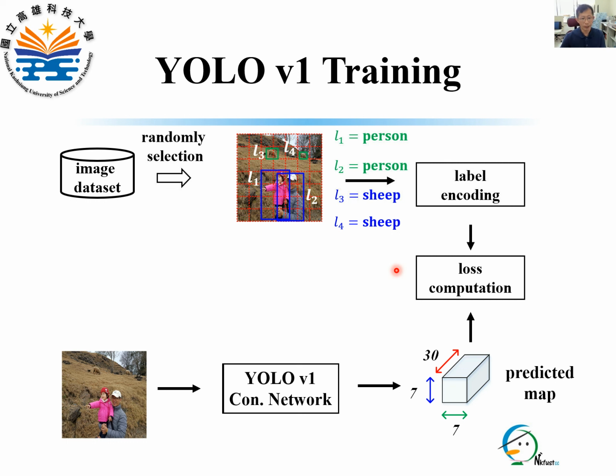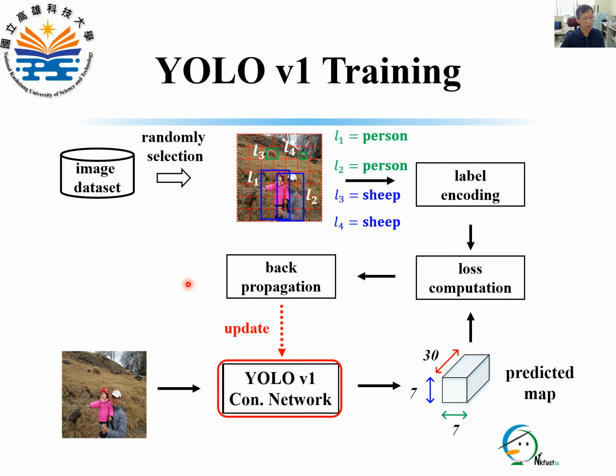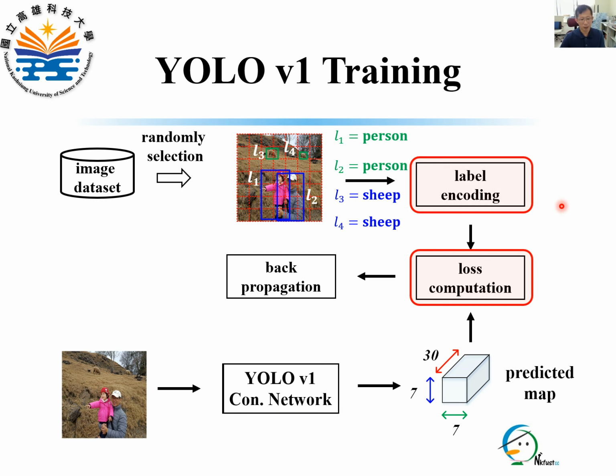Then, we compute the loss between the predicted parameters and the encoded ground truth labels. The computed loss is used to update the YOLO v1 network via the backpropagation algorithm. Next, we will detail the way to encode the ground truth labels and to define the loss used for training.